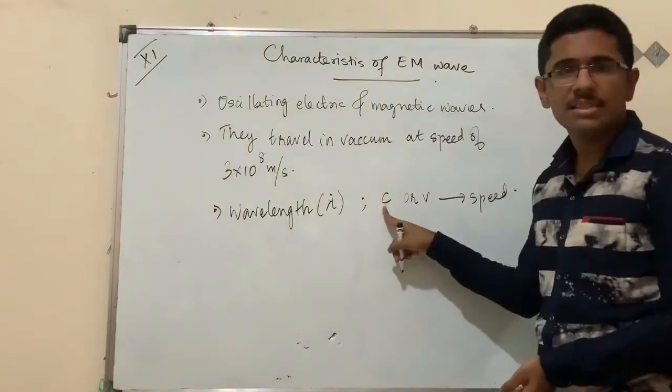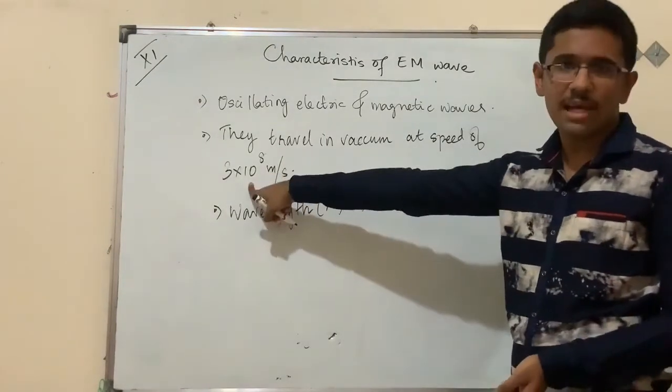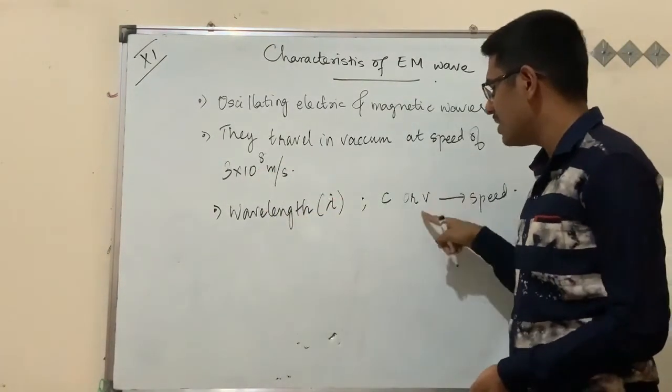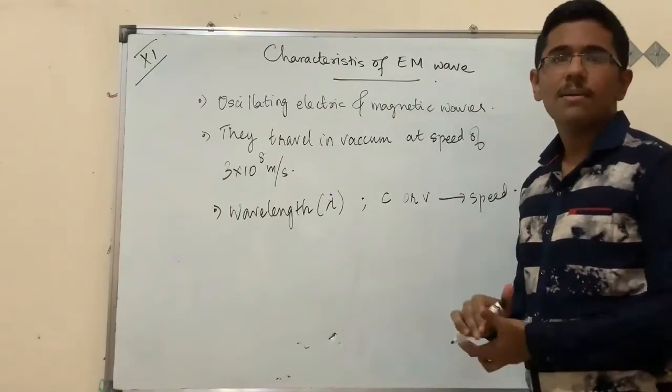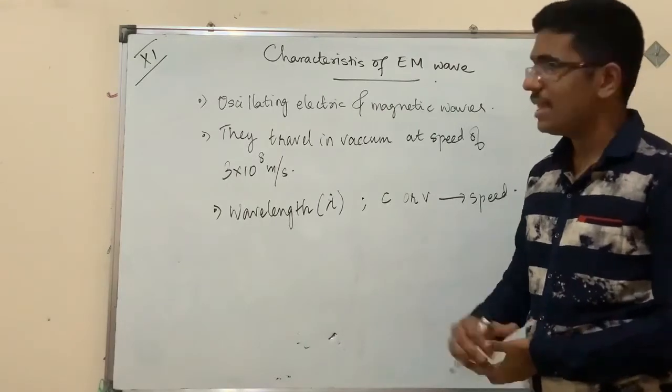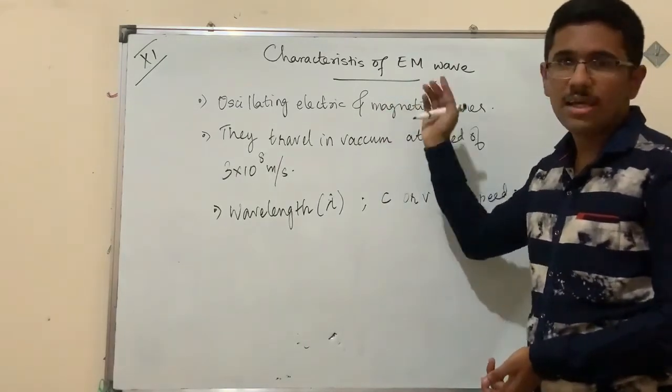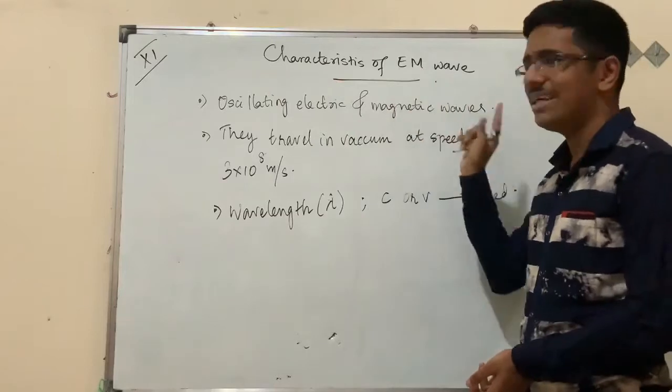Why are we representing c? The speed is equal to speed of light. That is why c, or we can represent it as v if we are talking about some other waves. We know that all the matter represent, or they are having wave, but they are not EM waves. Okay, EM waves are particularly for electromagnetic radiations.